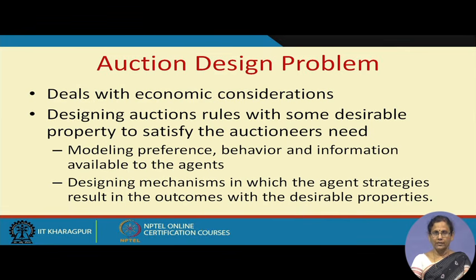In economic literature, while modeling auction mechanisms, designing them and modeling the bidding behavior etc., auction is considered as a game, and game theoretic analysis is done to find out the equilibrium point.